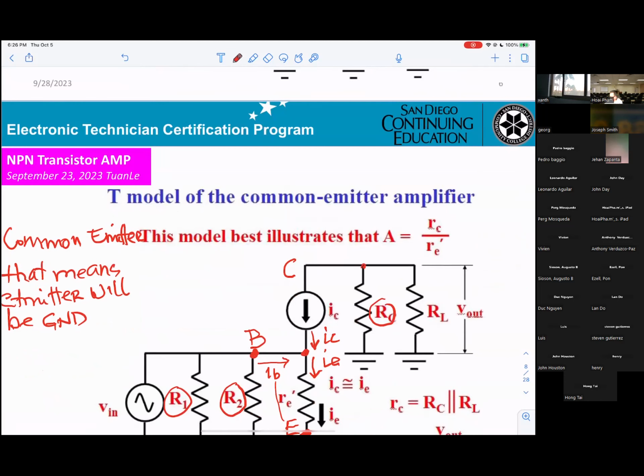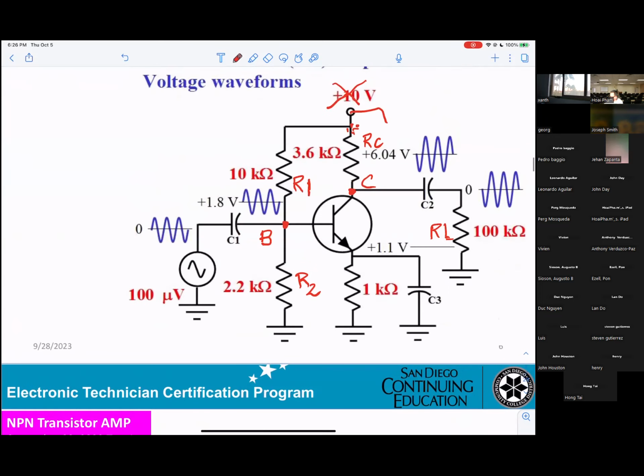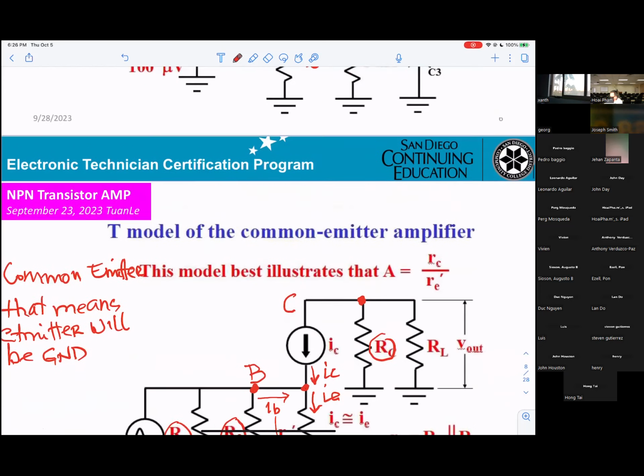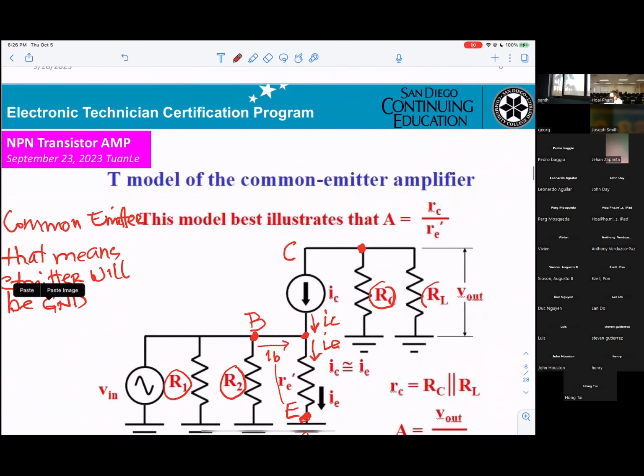Last one, RL. One side connects to the collector, the other side connects to ground. So that's why you get RL here. Okay?